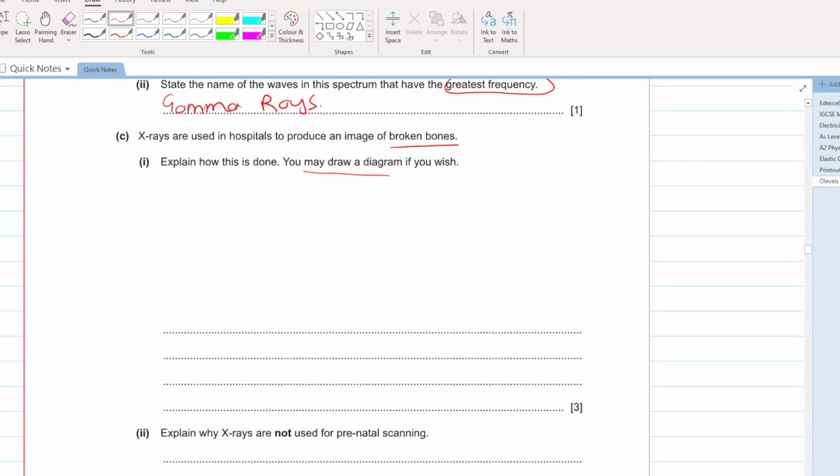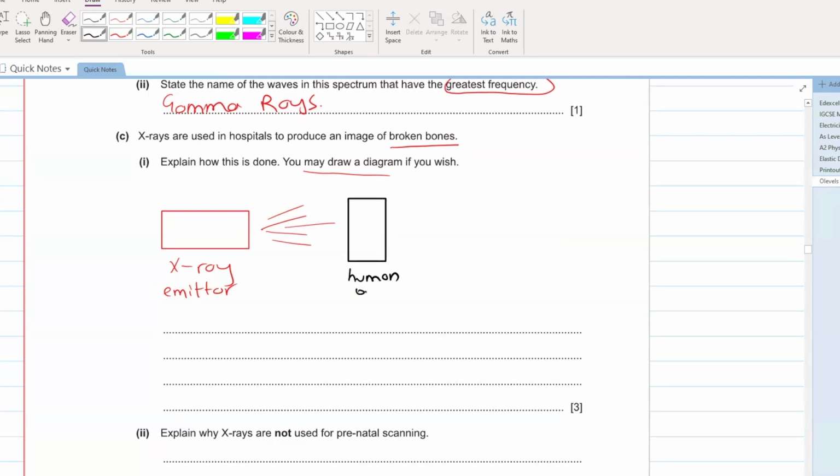You will say you have an X-ray emitter. Let's say this is an X-ray emitter. This emits X-rays. You can also draw a human body. Let's say this is a human body.